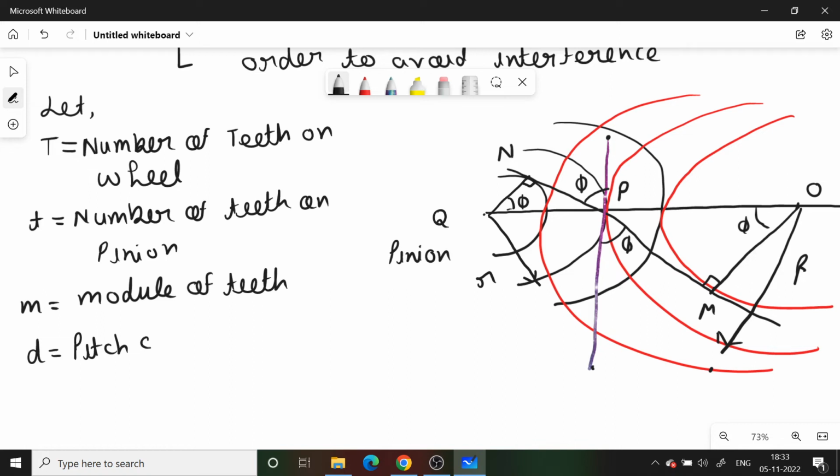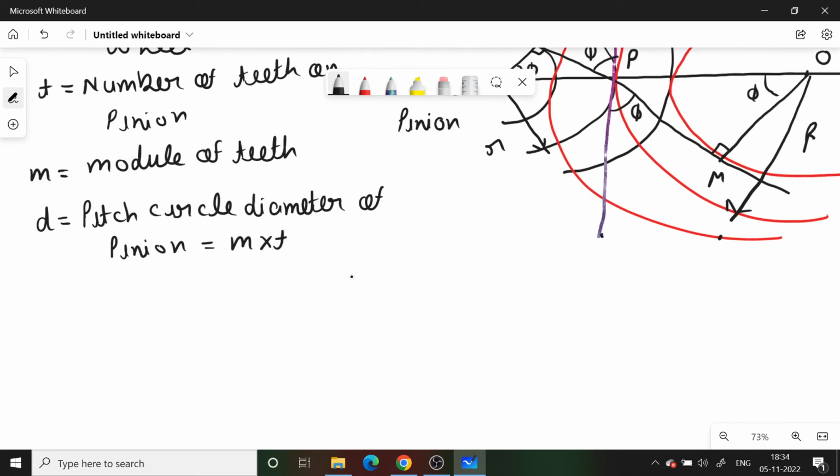Pitch circle diameter of pinion is equal to small m into small t, or small r will be equal to small m into number of teeth divided by 2.